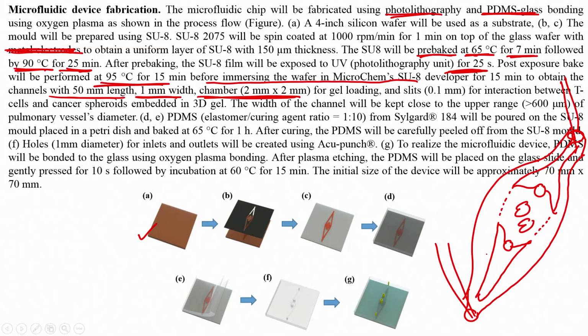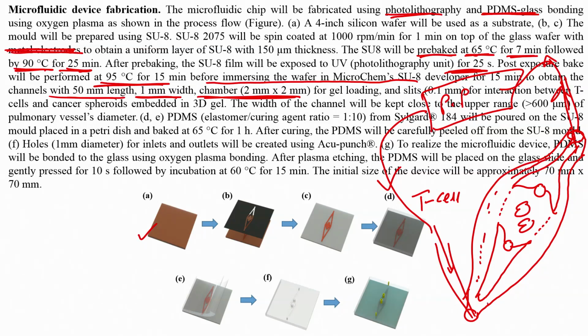T cells are flown from here and taken out from here. There is a peristaltic pump. So, T cells go inside and flow back here. It is a circulation from here to the peristaltic pump. T cells will flow in this area like this and in this area like this.